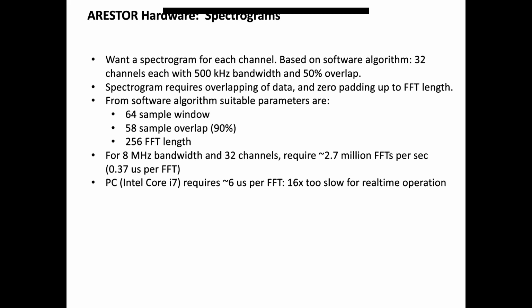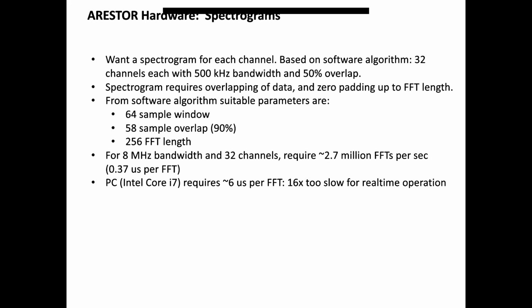From the software algorithm, we found that what we needed was a 64 sample window with a 58 sample overlap. So that's a 90% spectrogram window overlap. And then that gets zero padded up to 256. So this means that for every 6 samples, you're producing 250 samples output from your spectrogram.